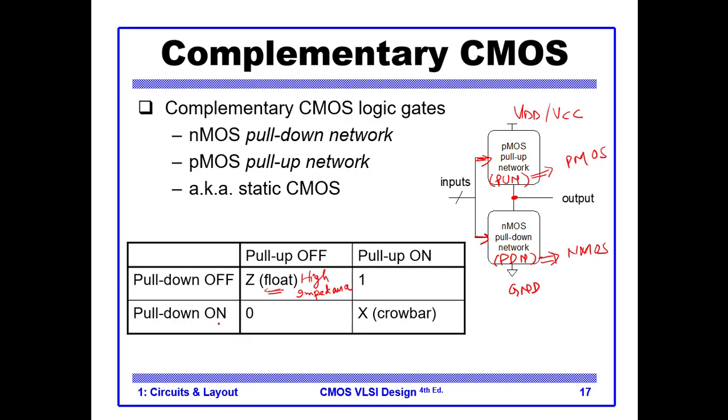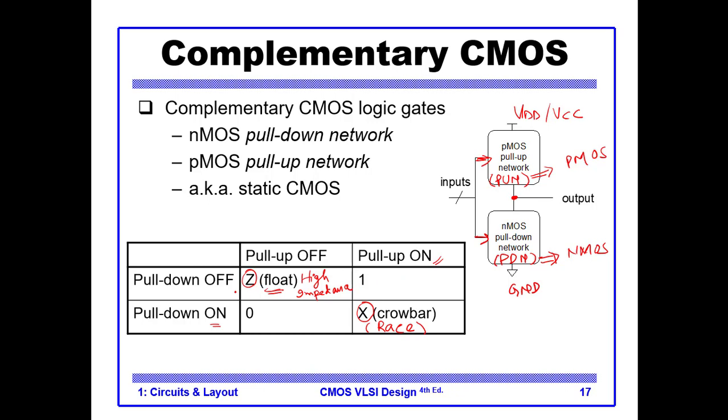Now the second scenario is this one at the corner. Let's say if this is on and this is on, both are on, then one is driving a high voltage on the output and the other is driving a low voltage on the output. So here we have a race condition. This is called race condition. So we use X for this, Z for this one, and X for this one, and the others are normal cases.